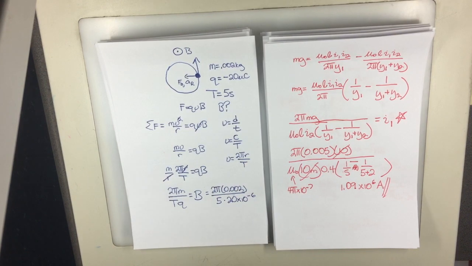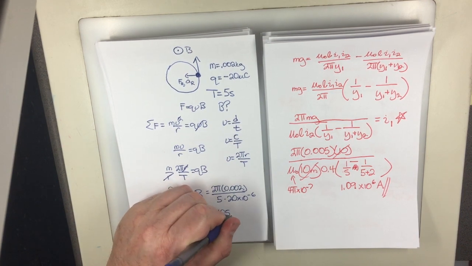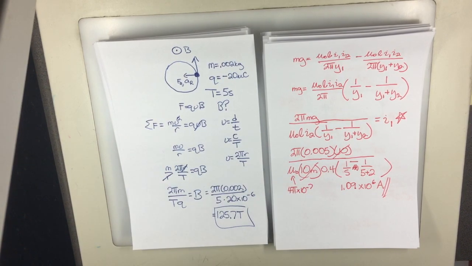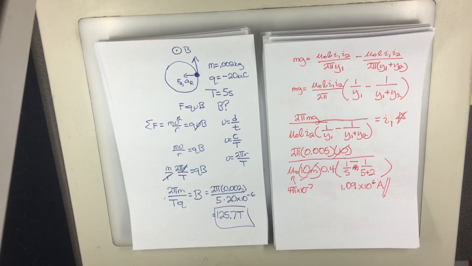And we may end up with a huge B field, but whatever. 2 times pi... So I got a B field of 125.7 Tesla. It's obscenely large, but whatever. But the setup to get to that point is the critical part.